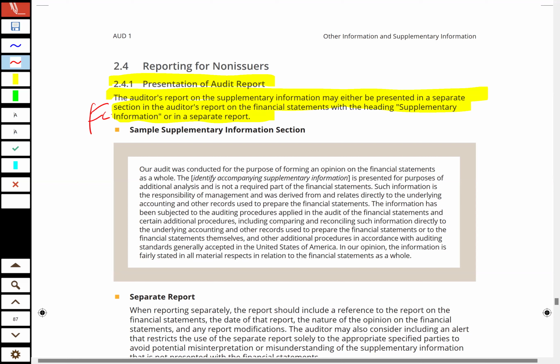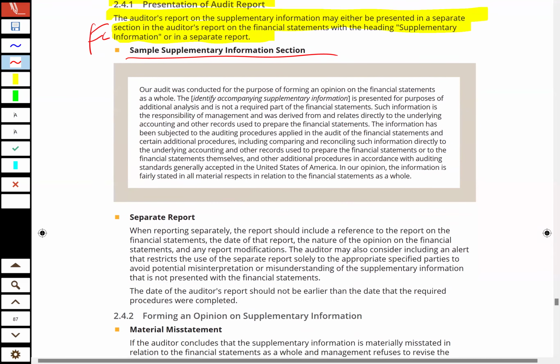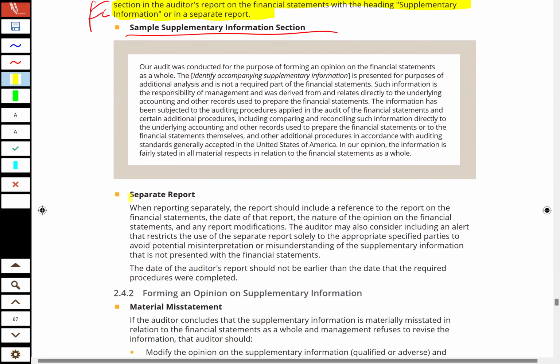So you could just add a paragraph with the heading supplementary information to the audit report, or issue a separate report. If there's a separate report, the report should include a reference to the report on the financial statements, the date of the report, the nature of the opinion on the financial statements, and any report modifications. So go ahead and flashcard that.